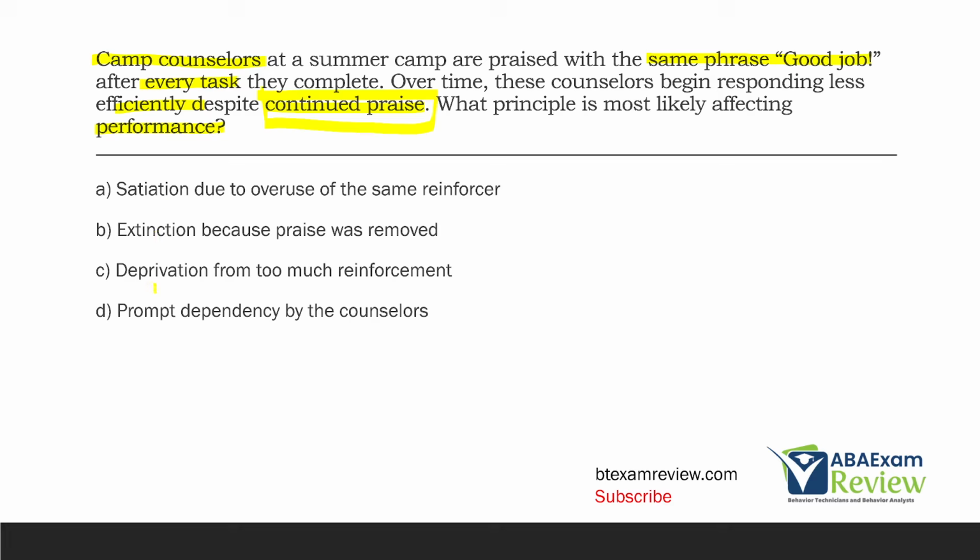Deprivation is we're not getting enough of something. Satiation is getting too much. D, prompt dependency by the counselors. There's no mention of prompts here. We're looking at that phrase, "good job," and how repeated use of that phrase has led to satiation by the counselors. So what principle is most likely affecting performance? A, satiation due to overuse of the same reinforcer.